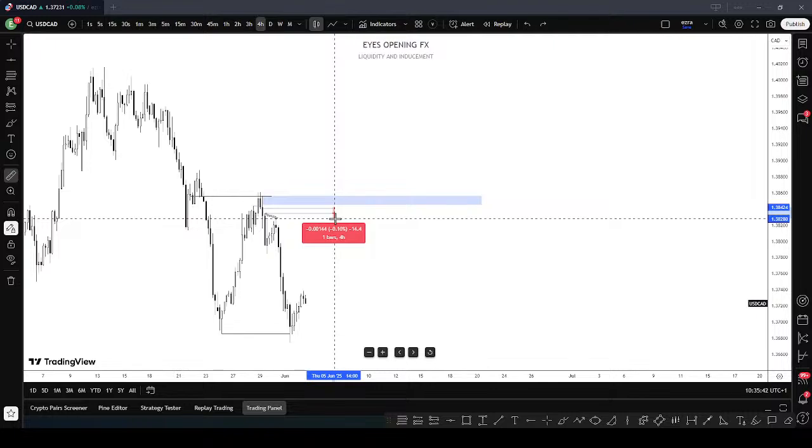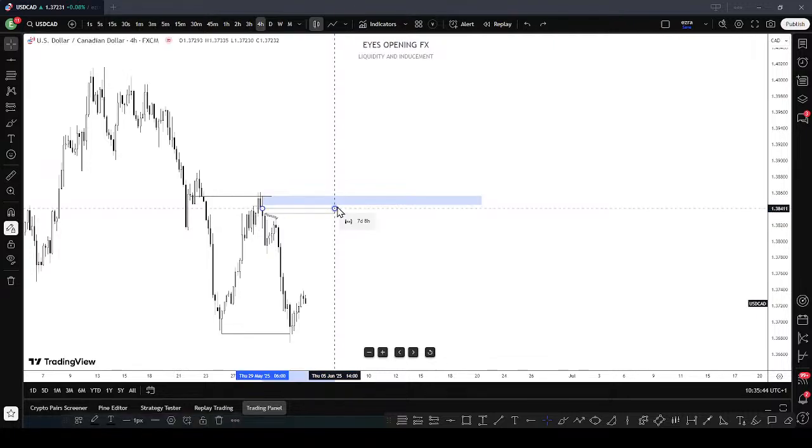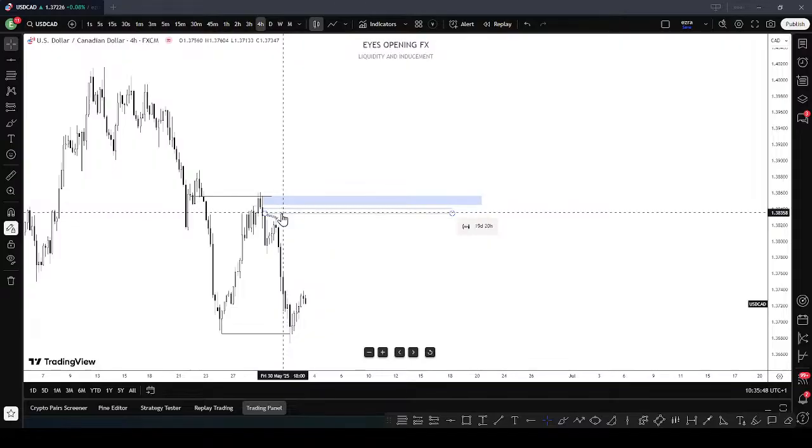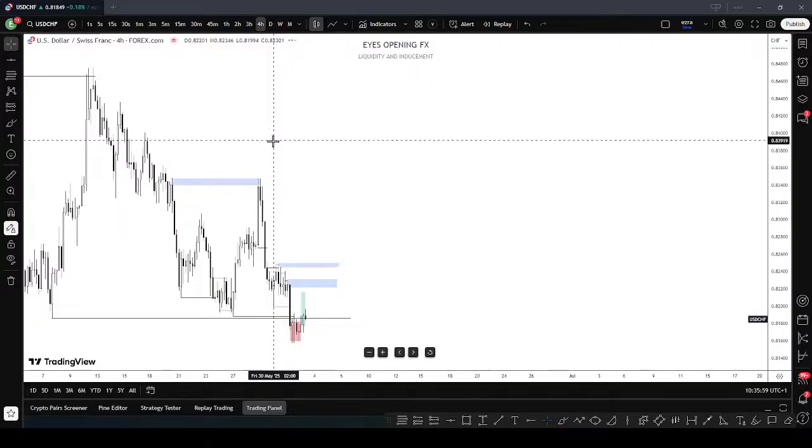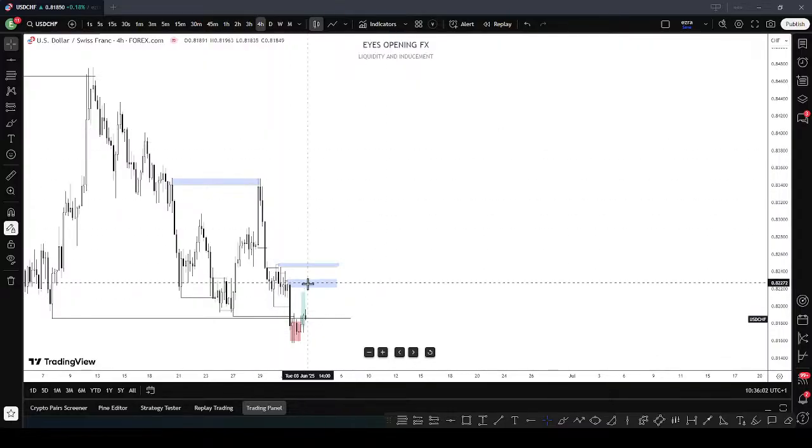This is imbalance, just right below the POI imbalance. Then we have liquidity right here, or double top, or you can call it inducement right there. So okay, we have discussed this pair already.